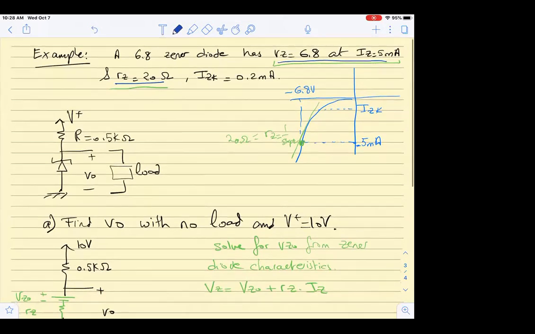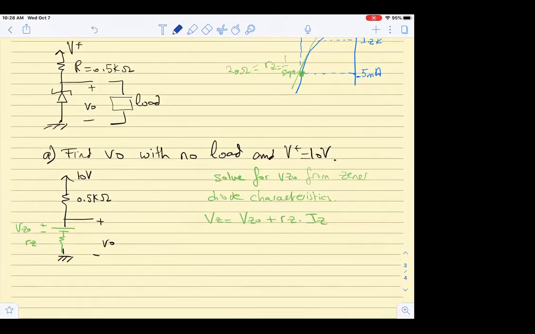We can find VZ0 in this case because he gave me a point and the inverse of the slope. So 6.8 is equal to VZ0 plus 20 times 5 times 10 to the minus 3 amps. From this I can find that VZ0 is equal to 6.7 volts.